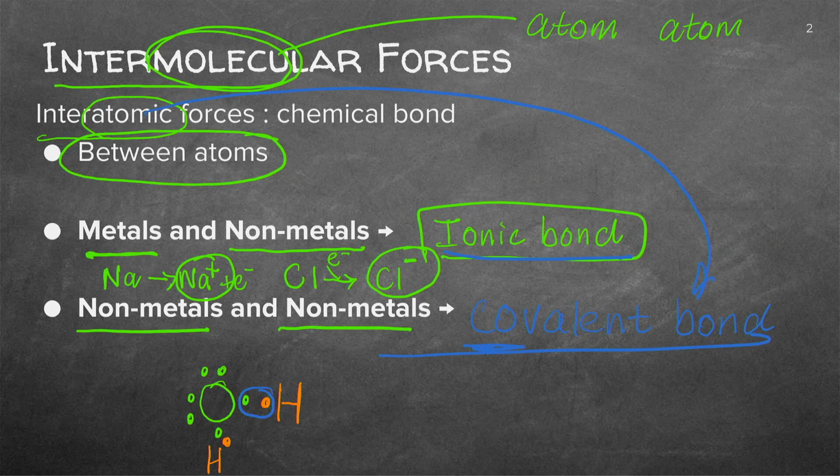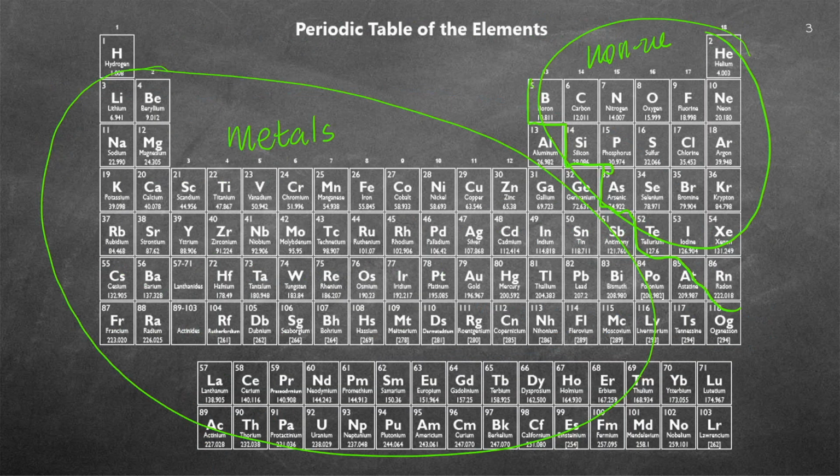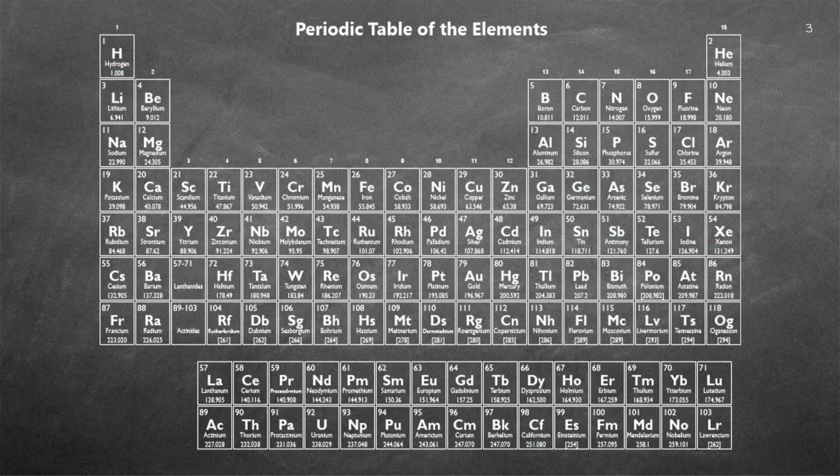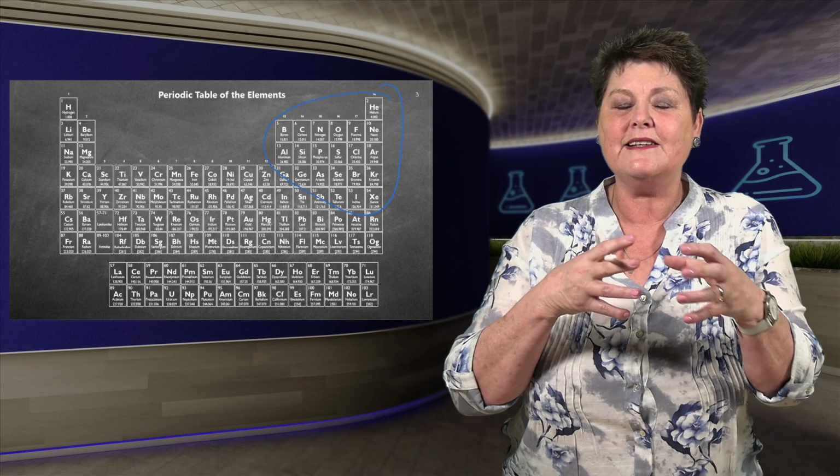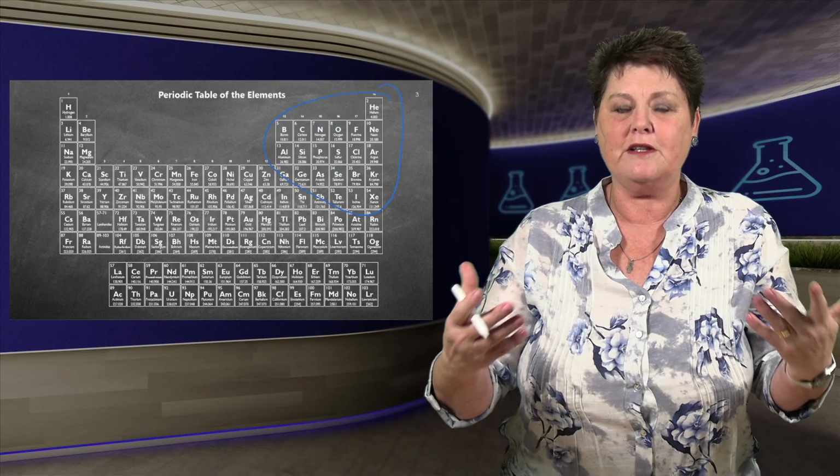Please bear in mind that it's between atoms. When I have a look at the periodic table, I now know that the non-metals here will be covalent bonds. Now it's important that those covalent bonds aren't exactly the same between the different atoms.